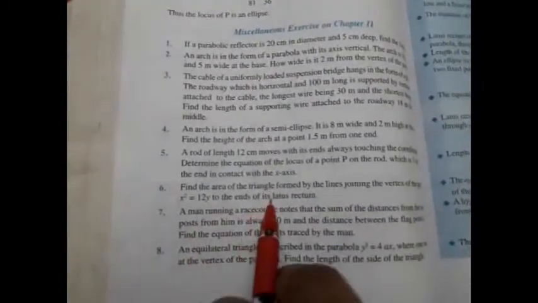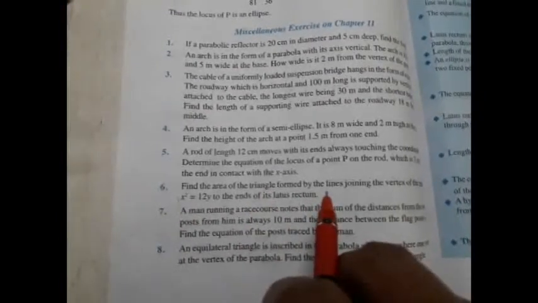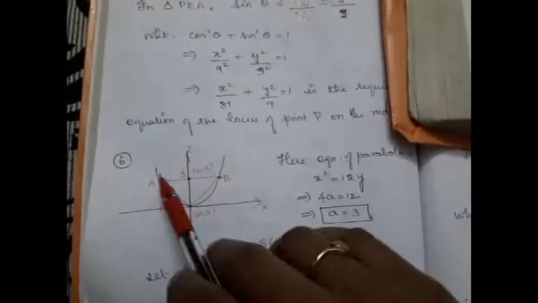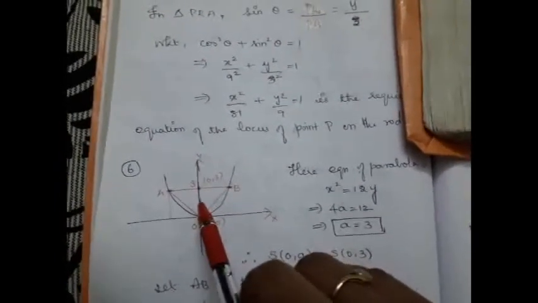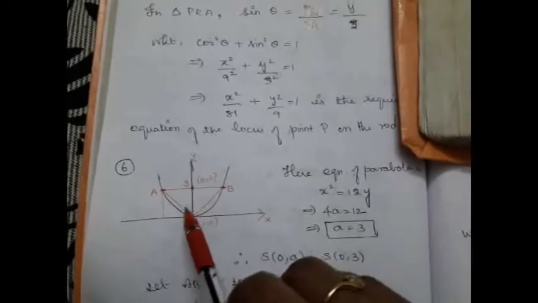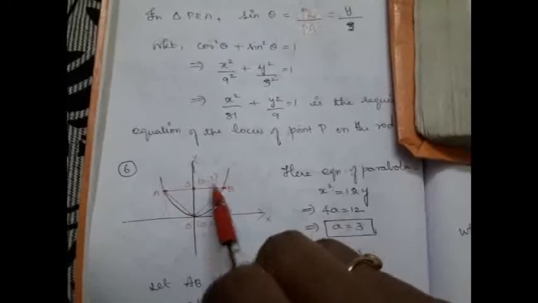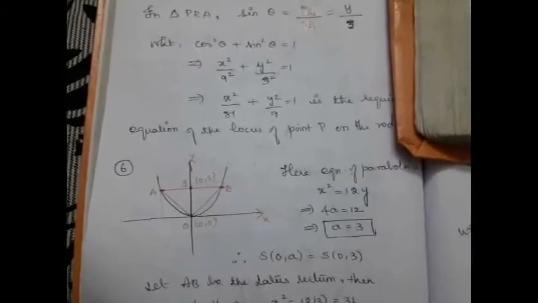Find the area of the triangle formed by the lines joining the vertex of the parabola x square equal to 12y to the ends of its latus rectum. So they asked you to find the area of the triangle formed by the lines joining the vertex and the ends of the latus rectum. We know latus rectum is a line perpendicular to the axis passing through the focus, right?